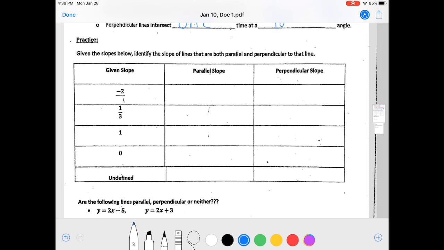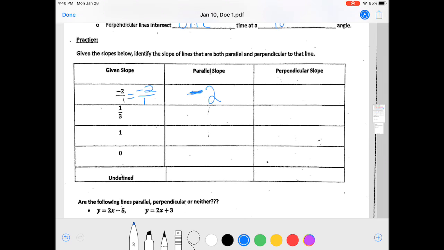So we're given -2, and we want to create a fraction out of it. I'm not sure if it's on your paper or not, but it kind of looks like it's already given. But I'm going to redo it so that you can see it. So we're going to put a 1 underneath the -2. So the given slope is -2, so the parallel slope is the exact same thing, and that's the negative sign.